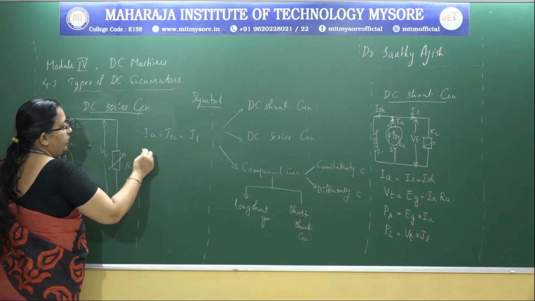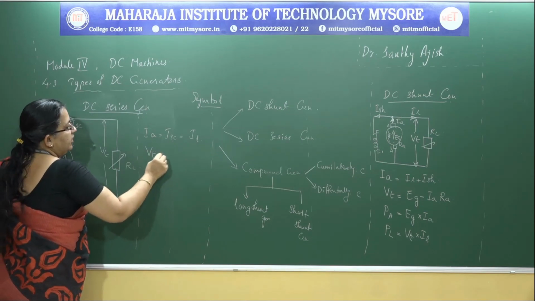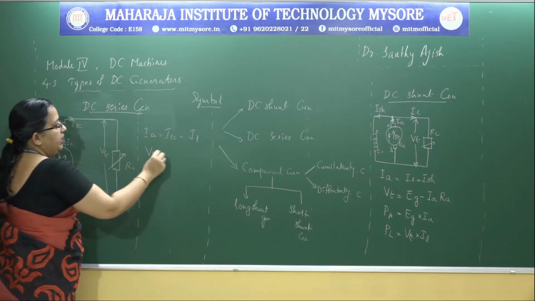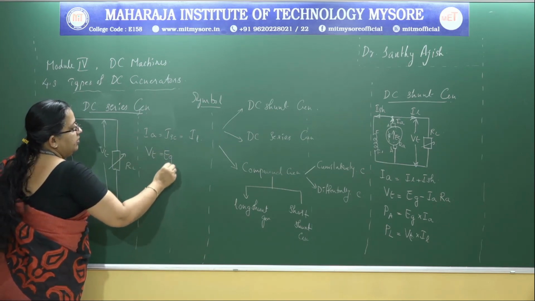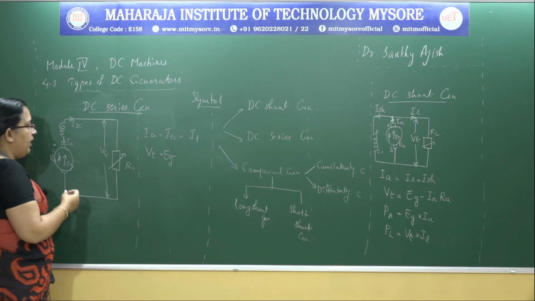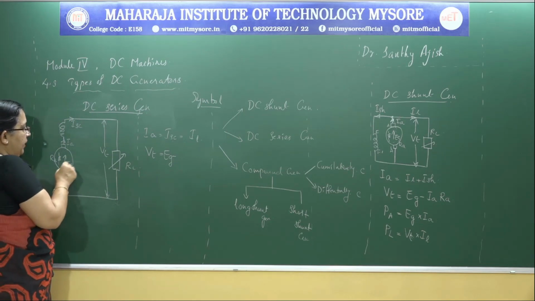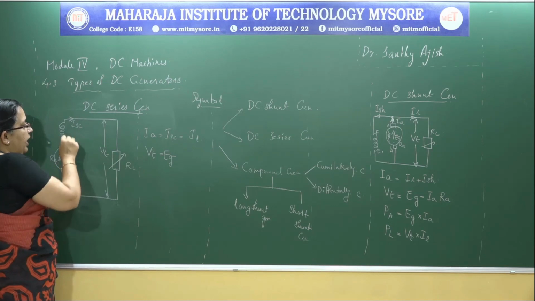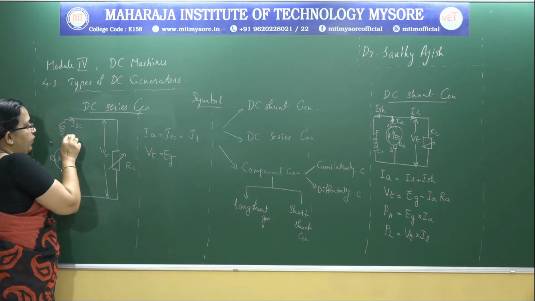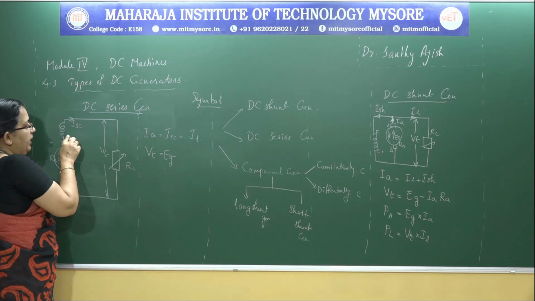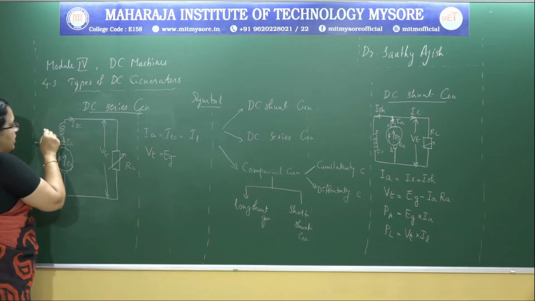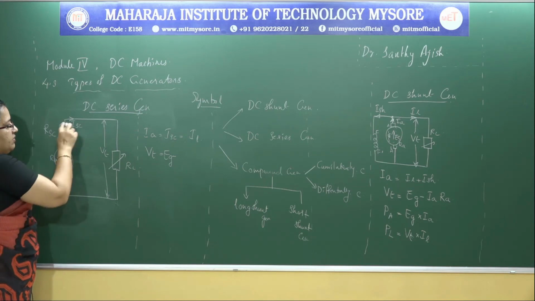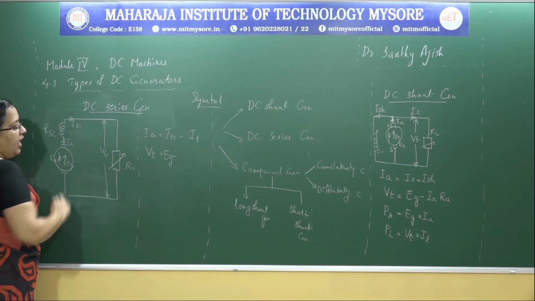Now here what about VT? VT here will be EG minus what all drops we have. So we have a drop across RA, which is IA into RA, and also the same current is flowing through the series winding. So let the resistance of series winding be RSC. In such case we have a drop across RSC.